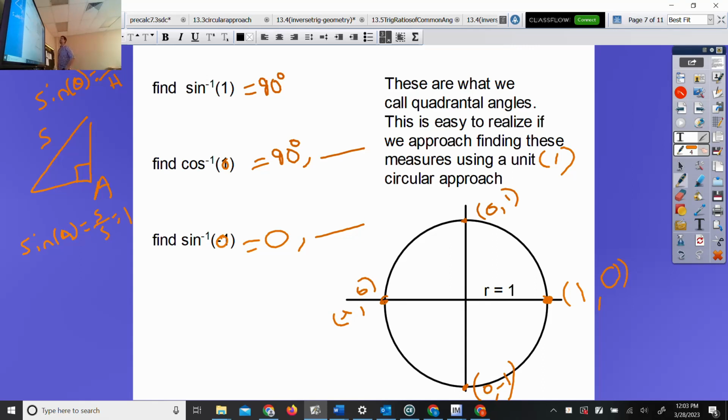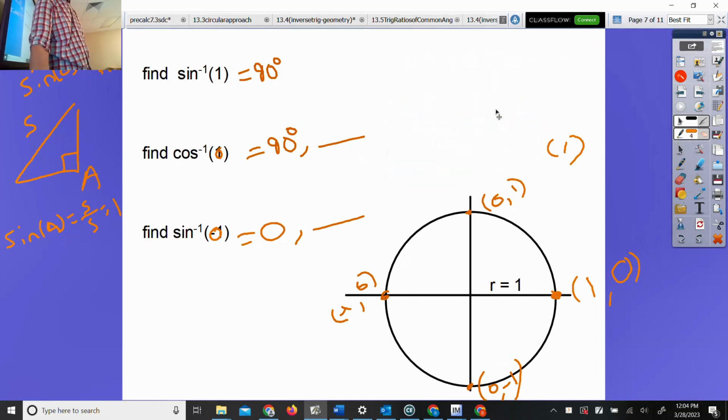All right, now from the circular approach, which we did yesterday, how do you find sine on a circular approach? This is yesterday's lesson. The sine of an angle, circular approach. Psi, as in sine, rhymes with y, doesn't it?